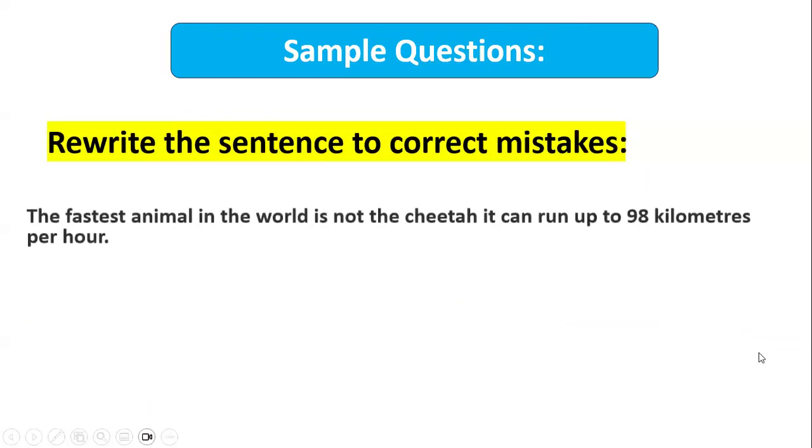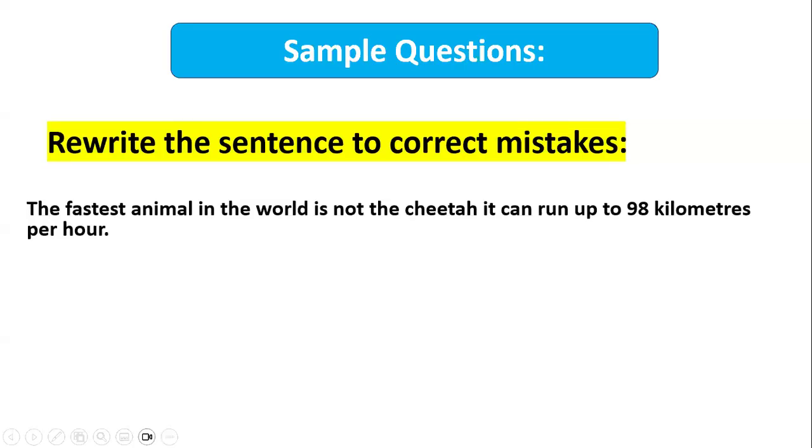Okay, another one. The fastest animal in the world is not the cheetah. It can run up to 98 kilometers per hour, right? So what we can do here, first we have to decide what type of mistake this is. What do we notice here?